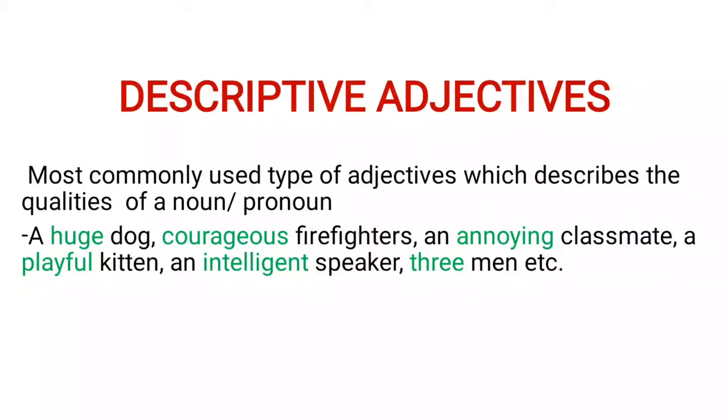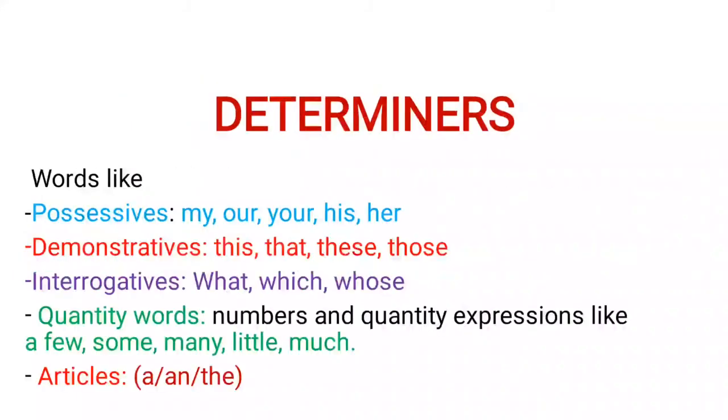Now, let's understand another type of adjective, that is determiners. Now, what are determiners? They are a small group of grammar words that act as adjectives. Words like my, our, your, his, her, this, that, these, those, what, which, whose, few, some, many, little, much, a, an, and the.